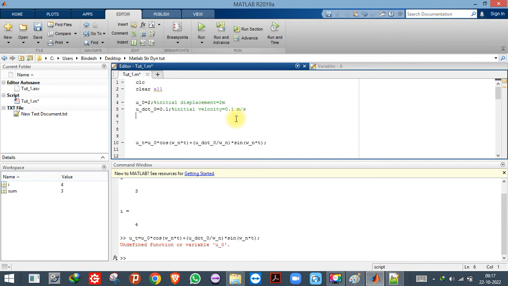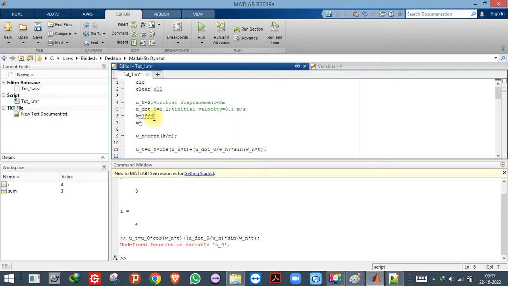And these two are required, and we just have to find out omega n. Wn equal to, we know, sqrt, square root of k by m. Now k is the system stiffness, which you have to define, and m is the mass. So system stiffness, let's say 156.